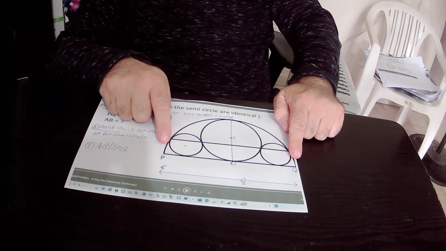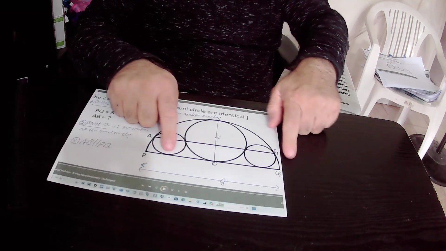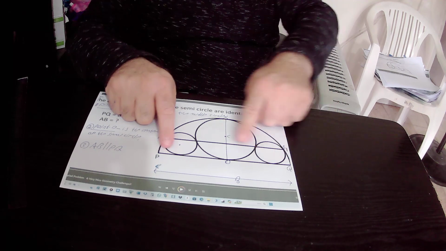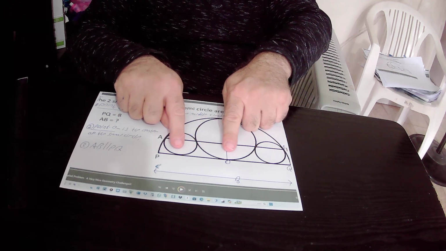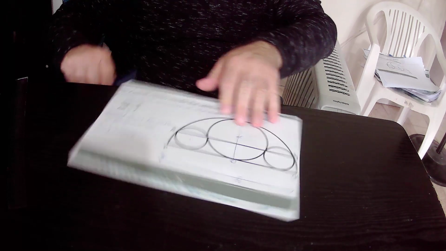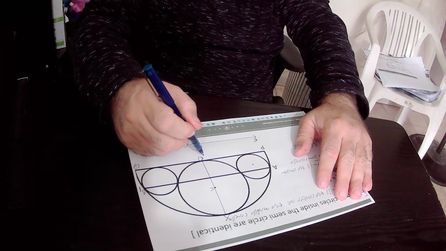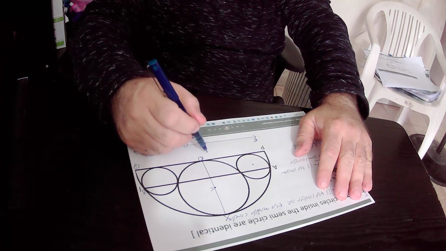So 8 equals 2 times the radius of this semicircle. Therefore, the radius PO and OQ will be equal to 4 units.